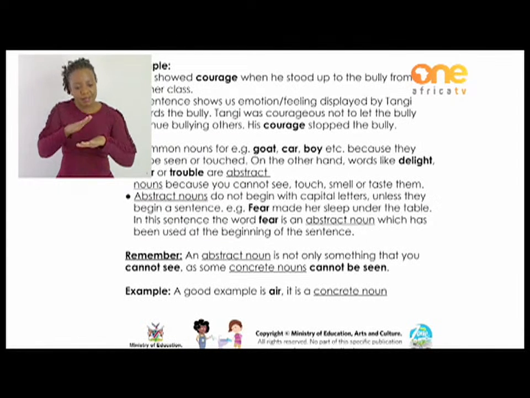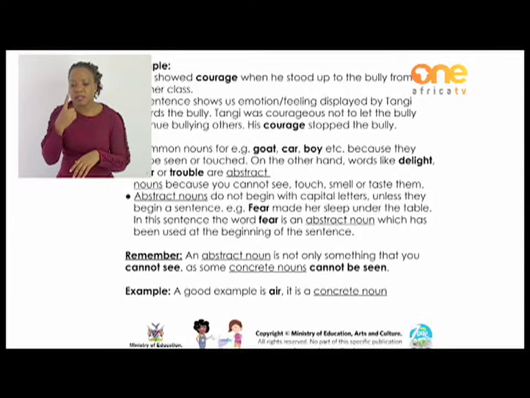On the other hand, words like delight, anger, or trouble are abstract. Somebody is delighted. Somebody is angry. So we talk of anger and delight being abstract. They are not tangible. You cannot touch them. You cannot see anger. You cannot feel it.